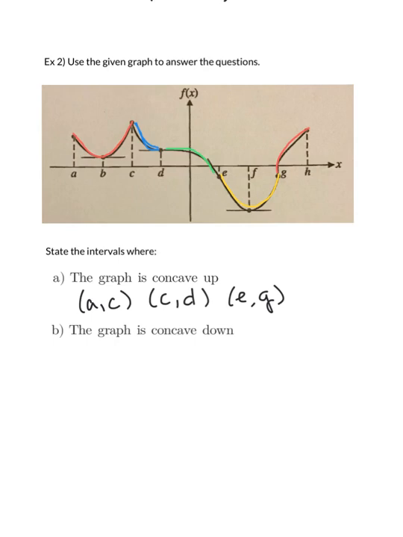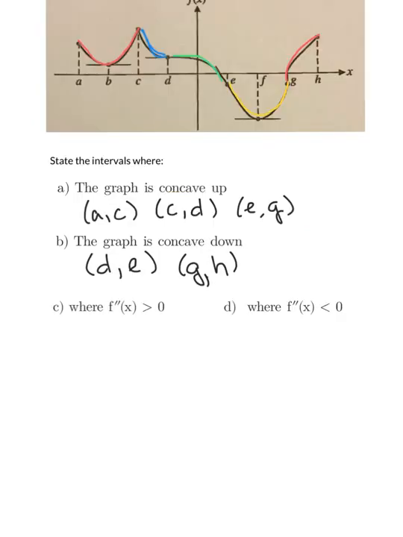So using what we saw when we were working on part A, we noticed that we were cupping downward or concave down from D to E, and then again from G to H. Questions C and D I put in here just because I want you to recognize that they are asking exactly the same thing as questions A and B. If the second derivative is greater than 0, all that's really saying is concave up.